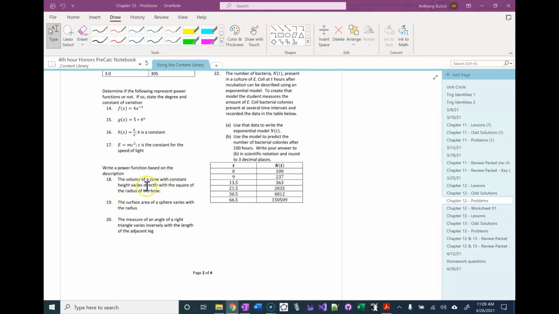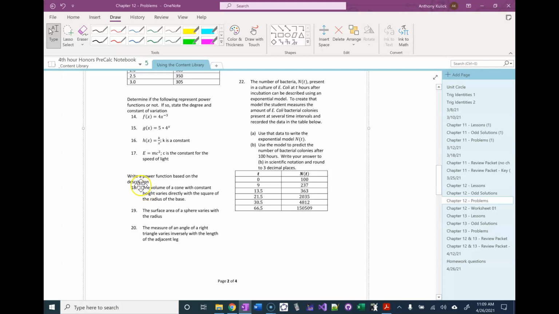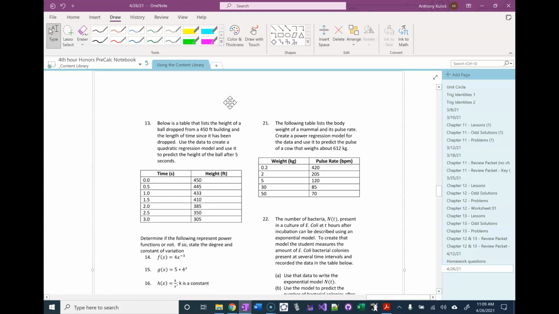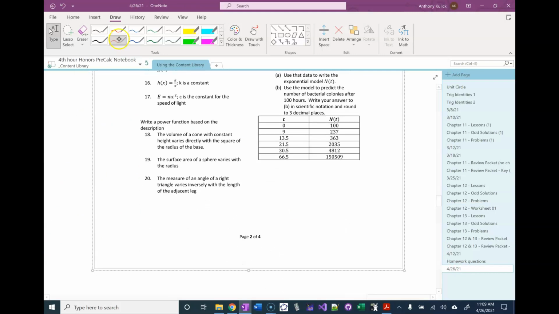So the volume of a cone with constant height varies directly with the square of the radius of the base. So the volume of a cone is equal to the constant height varies directly with the square of the radius of the base.